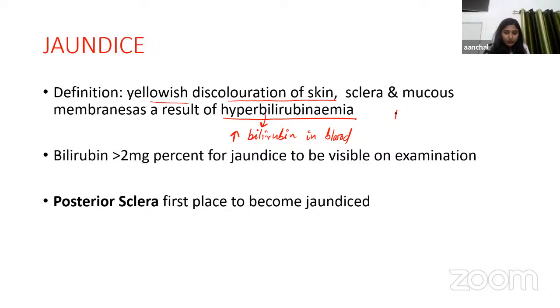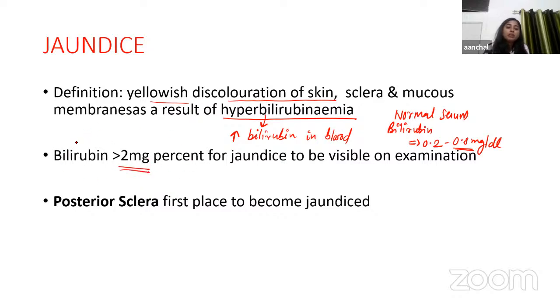Now, what is the normal range of bilirubin inside the blood? The normal serum level of bilirubin is 0.2 to 0.8 mg per deciliter. Whenever the serum level of bilirubin exceeds this level, the condition known as jaundice starts, and it is confirmed whenever it exceeds 2 mg per deciliter.